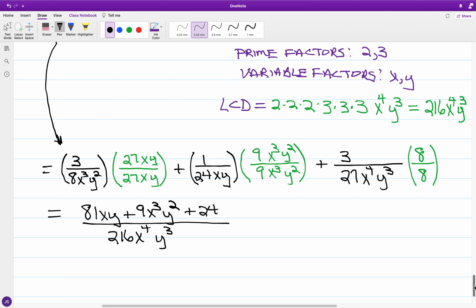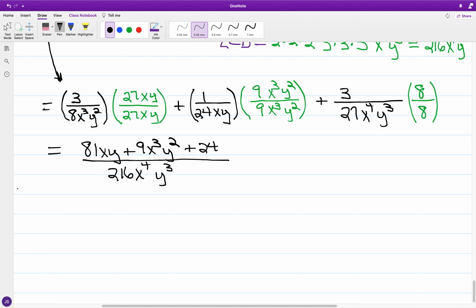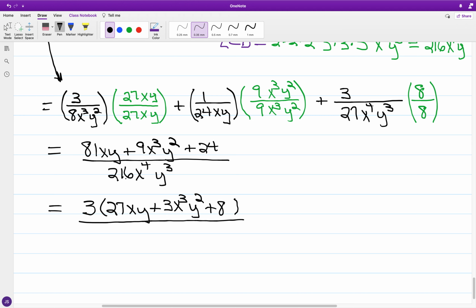Now, reduction could have been done with the last ratio in advance, but just for what we have collectively, out of the 3 terms in the numerator, we have the greatest common factor of 3. And guess what? 3 will go into 216 as well, so I'm just going to draw this out.